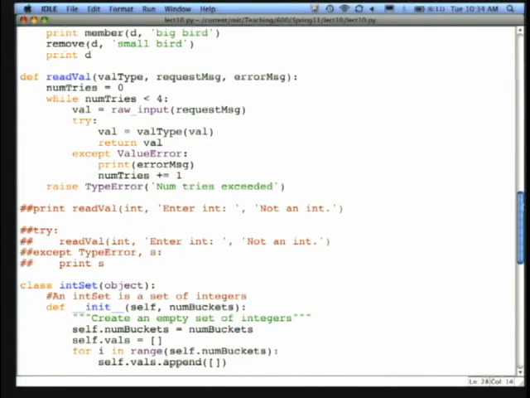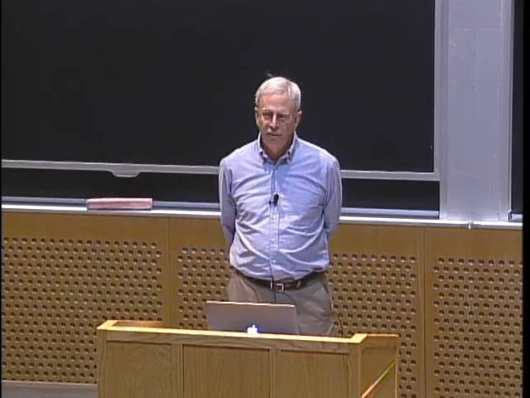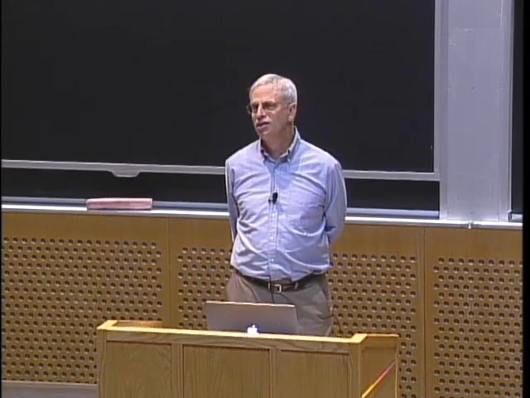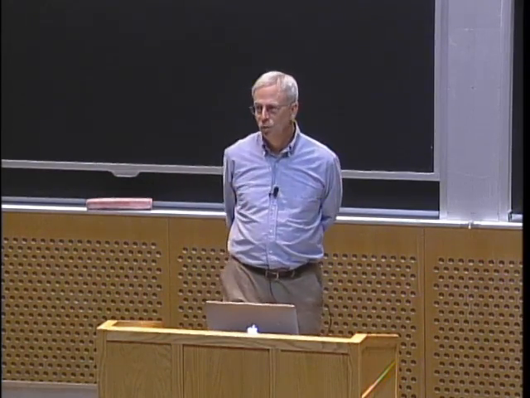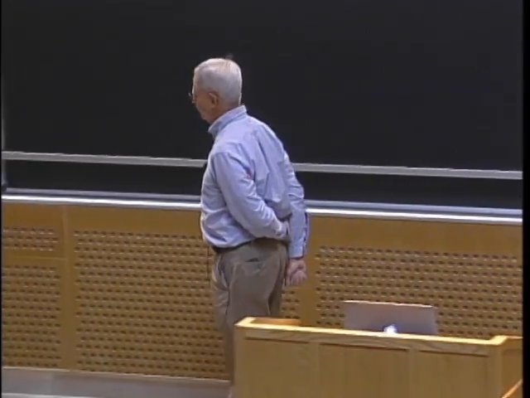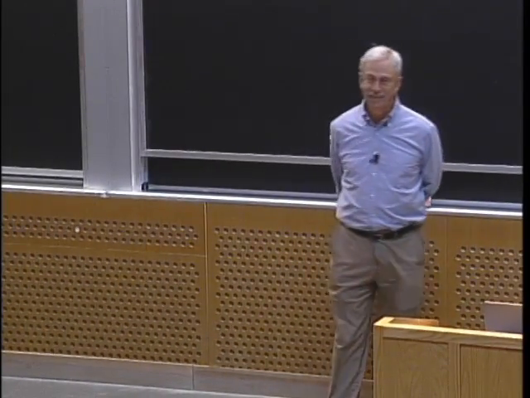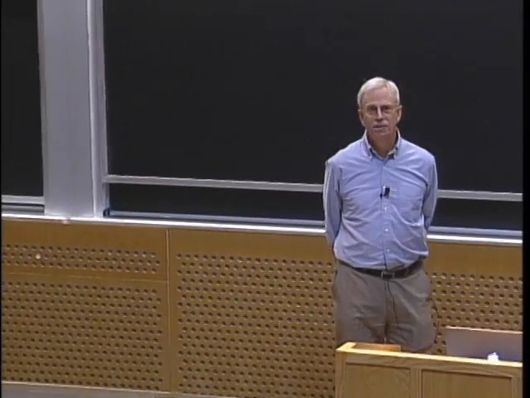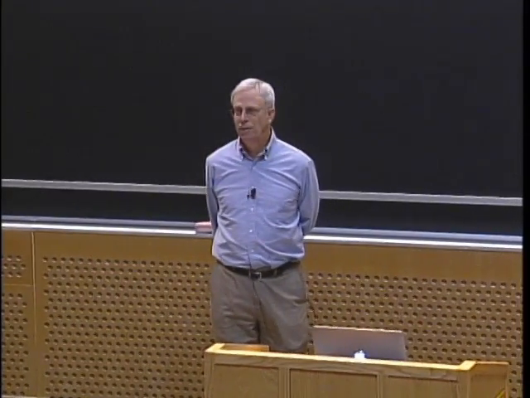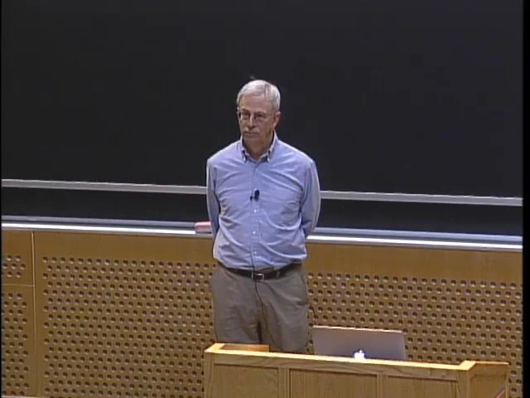So here's readval. This is a function. It's a polymorphic function. Its first argument is of type type. Remember, and you'll hear me say this 1,000 more times at least, in Python, everything is an object and can be manipulated by the program.